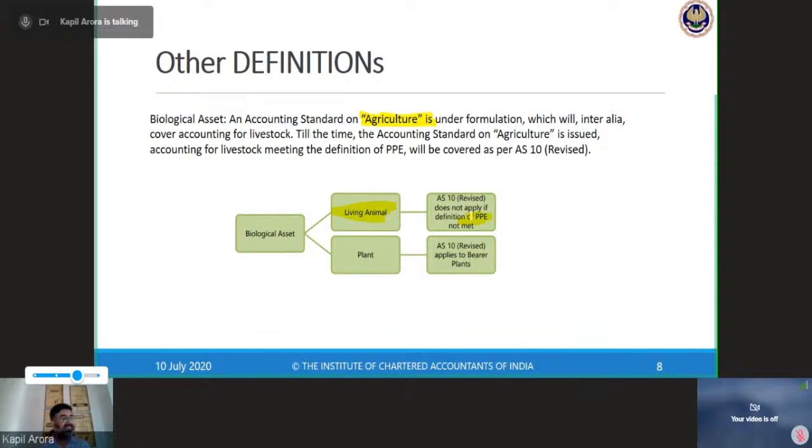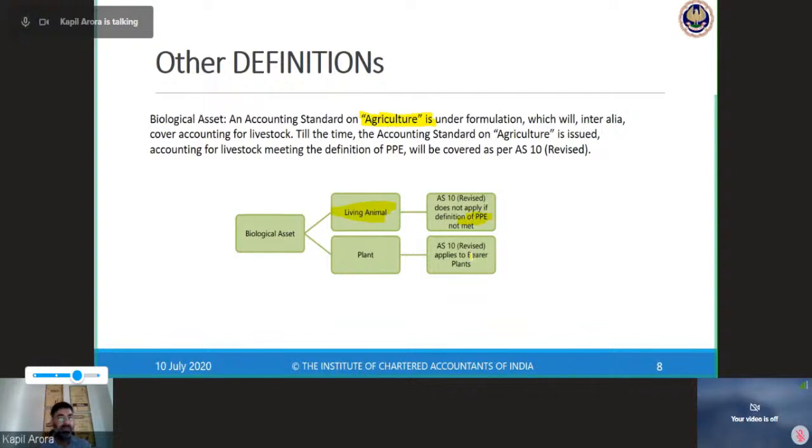In that case, these horses would be considered as my asset. Similarly, a cow would go in the agriculture standard, but till the time it is not developed, we can consider a cow as property, plant and equipment if it meets the definition. Just till that time, not every time.